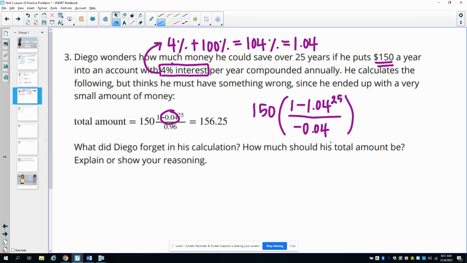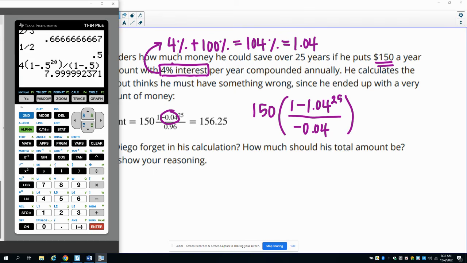So then we can just type that in, and you don't have to calculate that if you don't want to. You can type it in your calculator. So if you do 150 times 1 minus 1.04 to the 25th power, and then close that for the top, then divided by, and then get the bottom in there, and like I said, you can do 1 minus 1.04 instead of actually calculating that ahead of time.